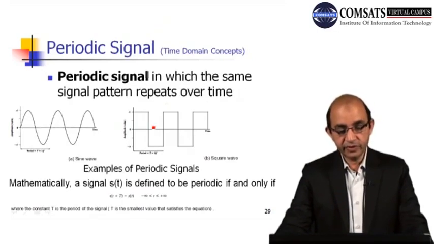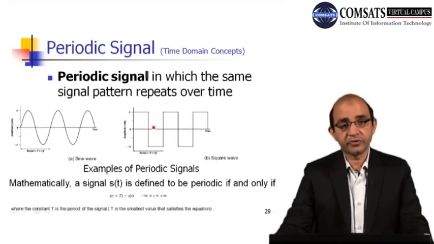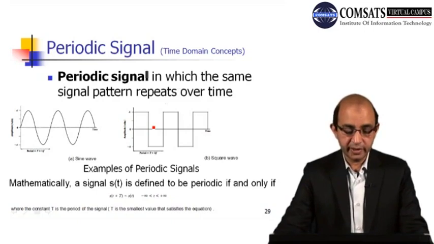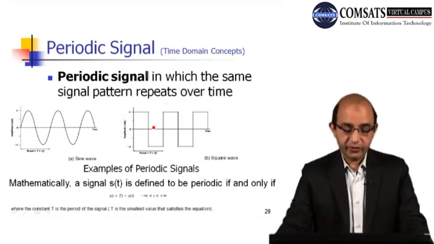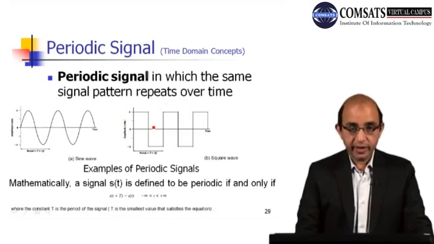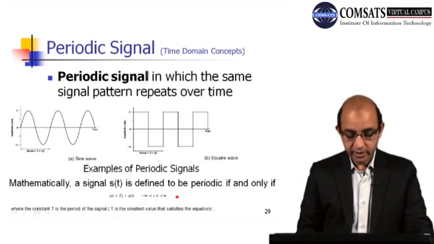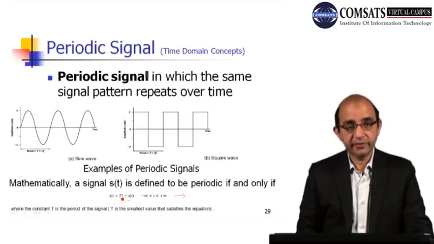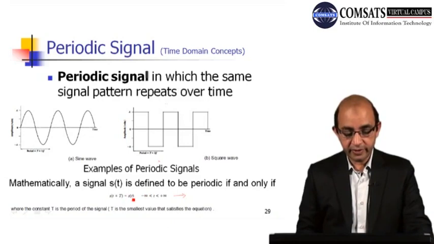First of all, we all know that a signal that repeats itself after a predetermined amount of time is called a periodic signal. In mathematical notation, we can represent a periodic signal in this way: s of t plus capital T, where T is the period, is equal to s of t.